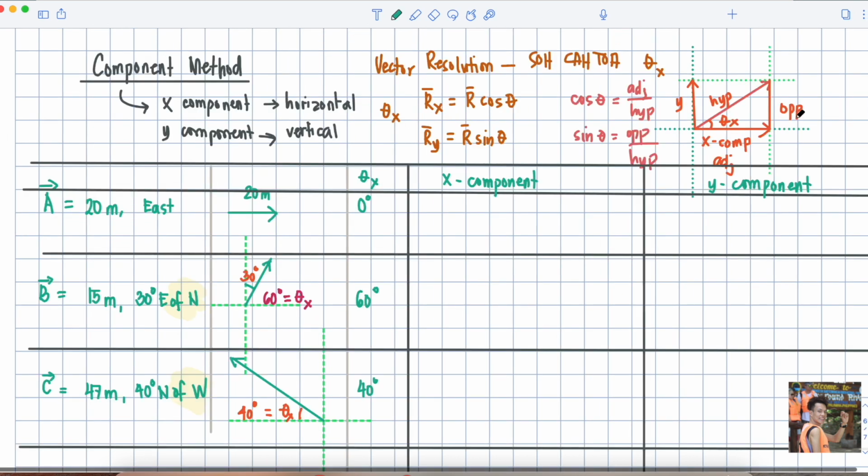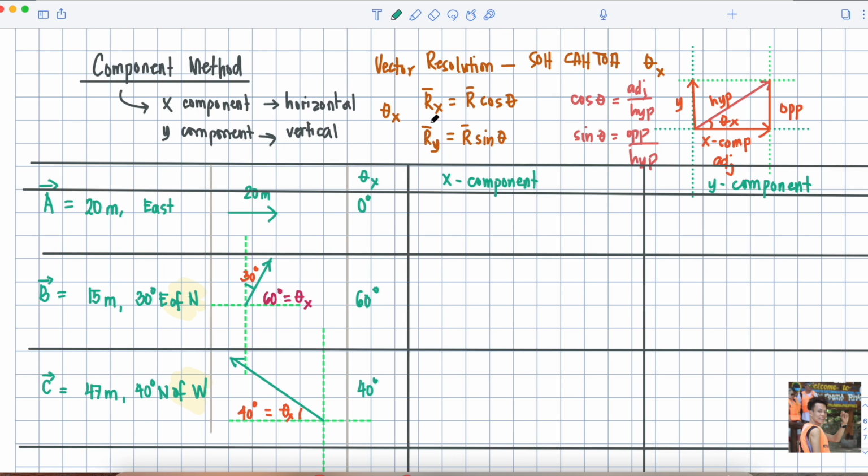Now, the x components of the vector could be computed using this formula. Rx is equal to R cosine theta. That is when the angle is measured from the x-axis.